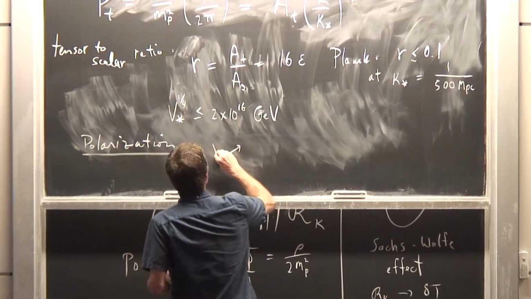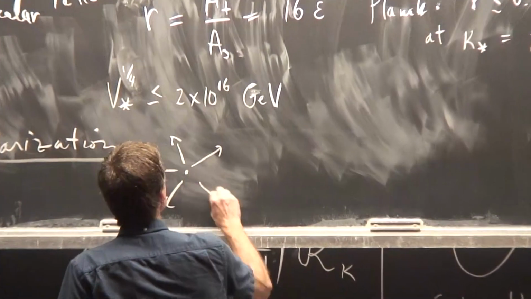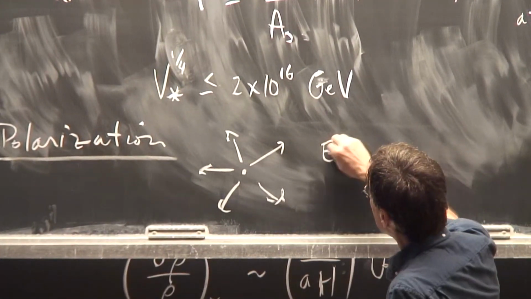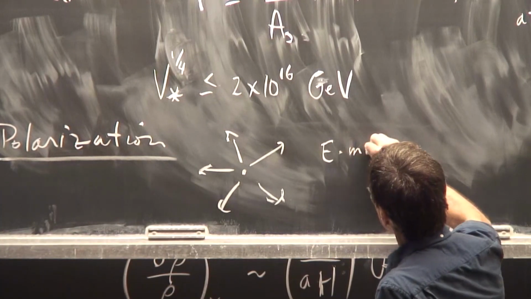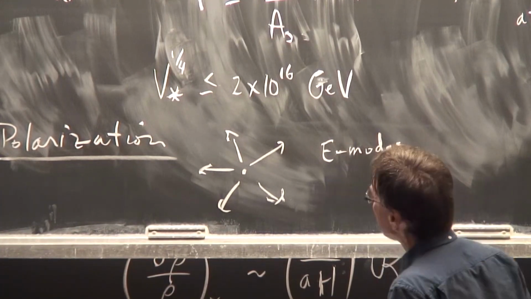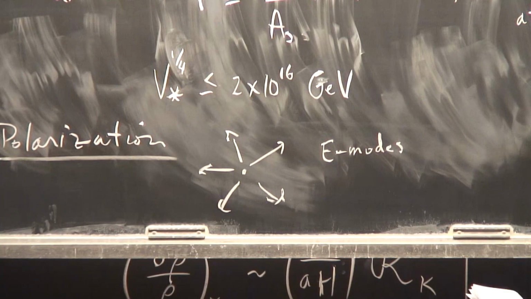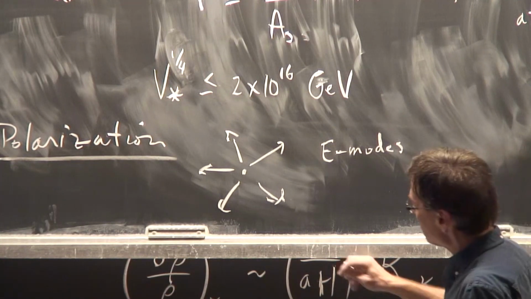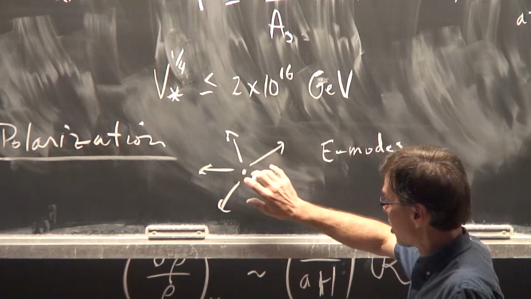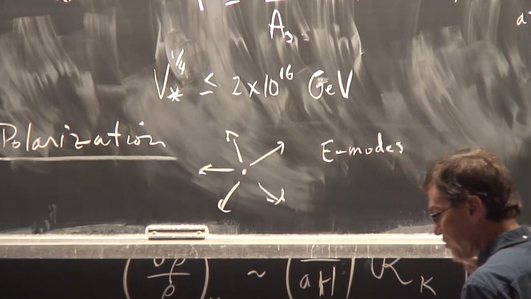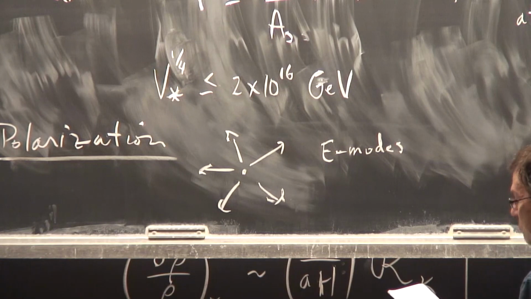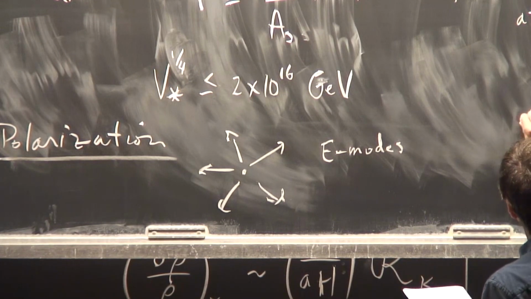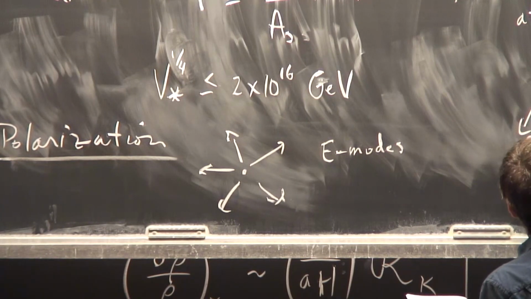And so there's two complementary directions of polarization. There's the E modes, where the electric field lines are pointing radially out from some fluctuation. And then there's the B modes, which are the circulating ones that have a curl.